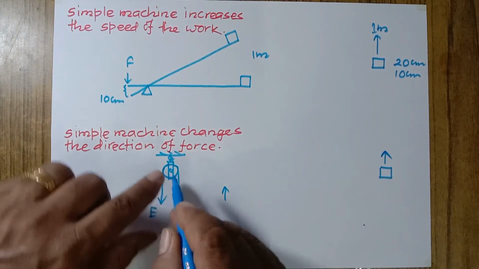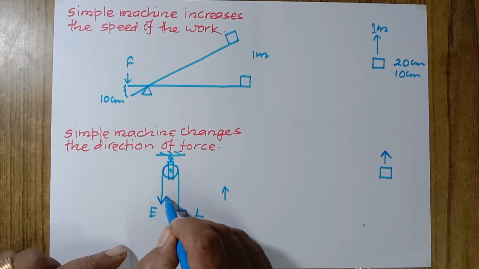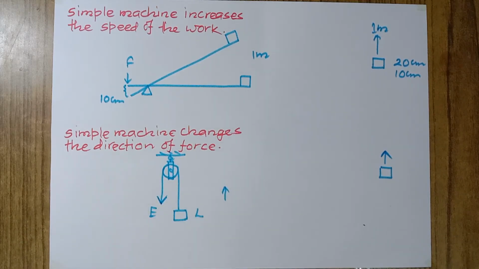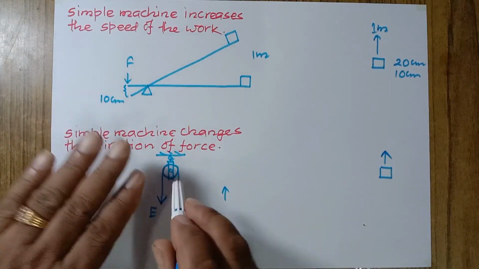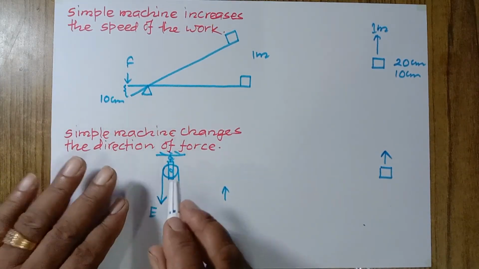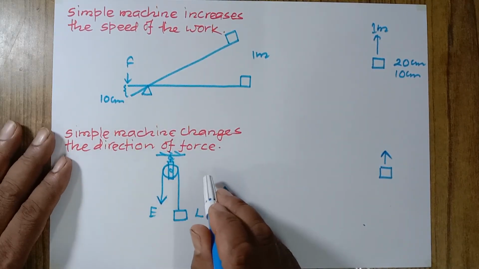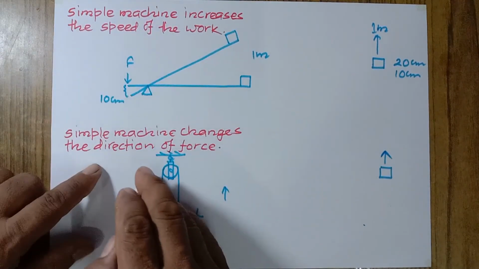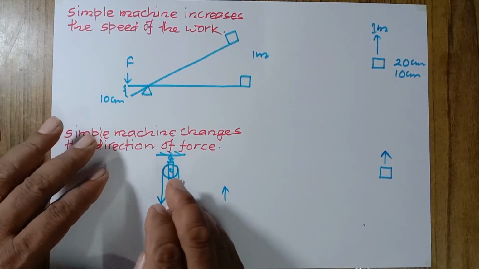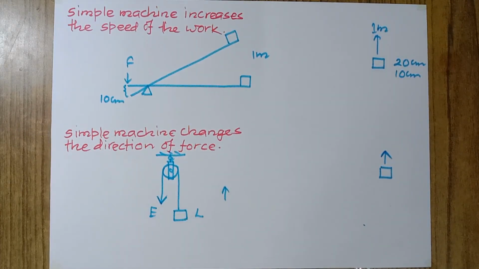But using this single fixed pulley, force is applied in the downward direction and the same load is raised in the upward direction. It means this simple machine is changing the direction of force. By changing the direction of force, the simple machine makes the work convenient. And this is one of the great characteristics of a simple machine. Okay, this much for today.